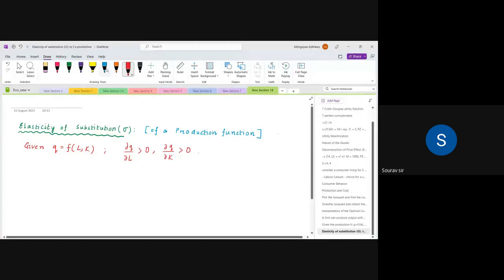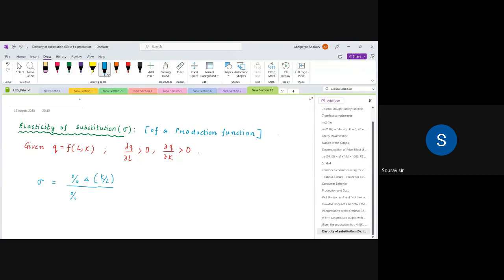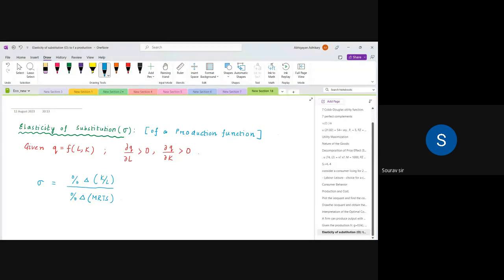So by definition, sigma is the percentage change in the K by L ratio divided by the percentage change in the marginal rate of technical substitution.